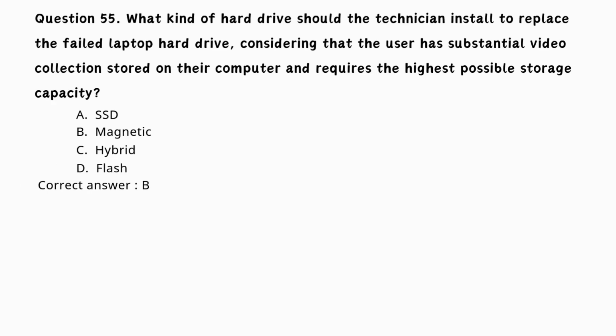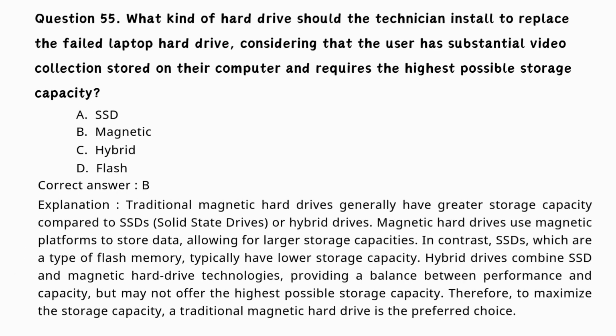Correct answer B. Traditional magnetic hard drives generally have greater storage capacity compared to SSDs, solid-state drives, or hybrid drives. Magnetic hard drives use magnetic platters to store data, allowing for larger storage capacities. In contrast, SSDs, which are a type of flash memory, typically have lower storage capacity.